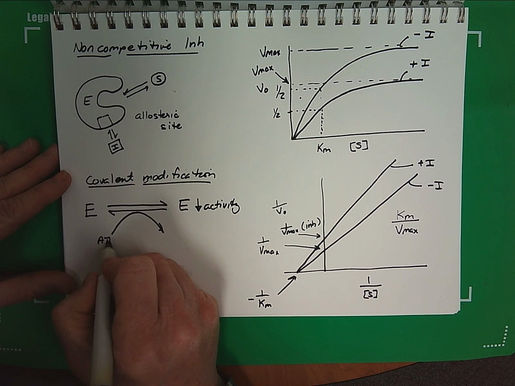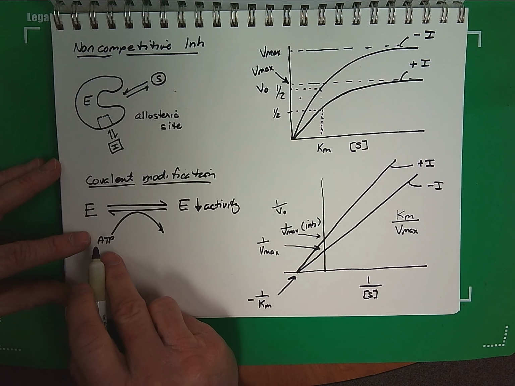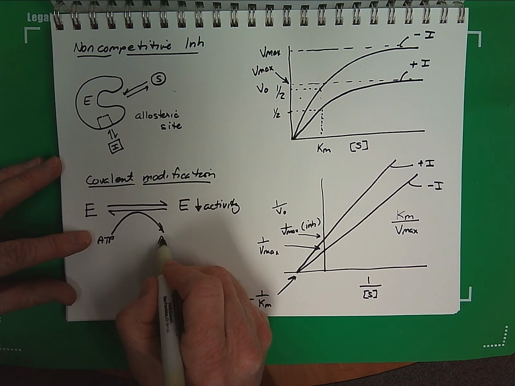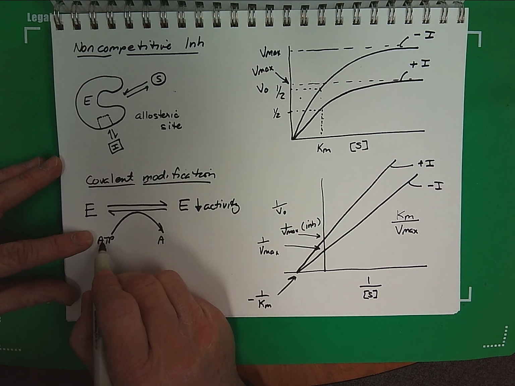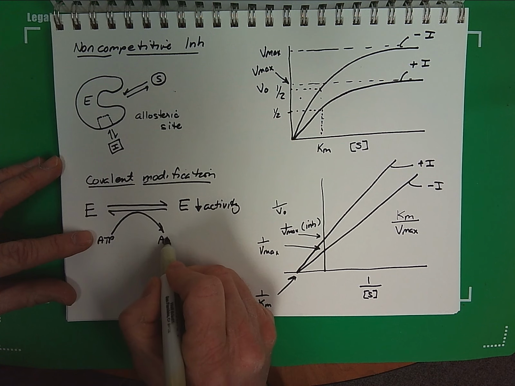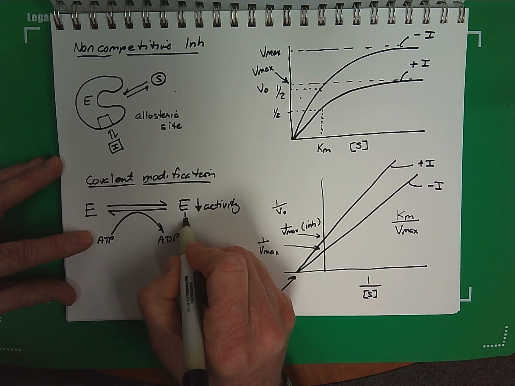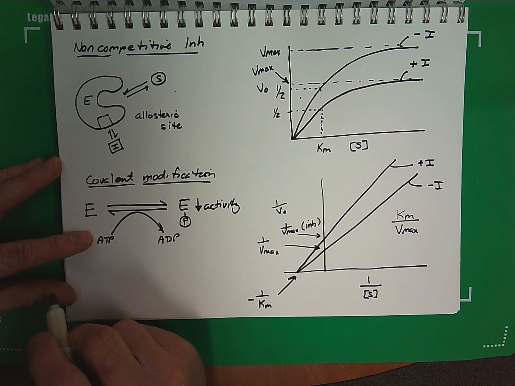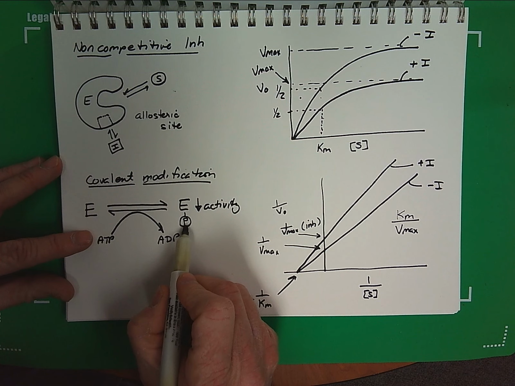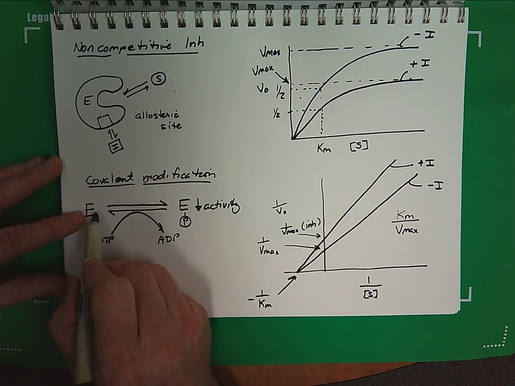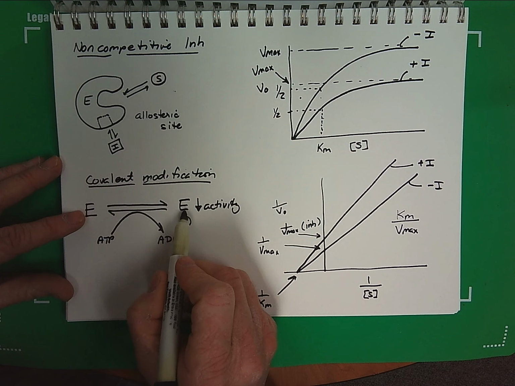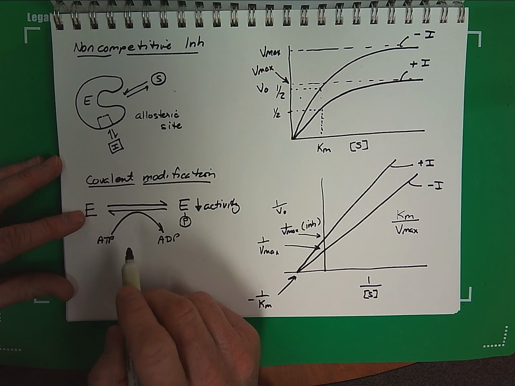Now adding phosphate groups, we're typically going to be using ATP, and we are going to be using one of the phosphates of adenosine triphosphate to make adenosine diphosphate, and then this enzyme will be covalently bound to a phosphate group. This presence of the phosphate on the enzyme typically alters the conformation of the enzyme and decreases its enzymatic activity.